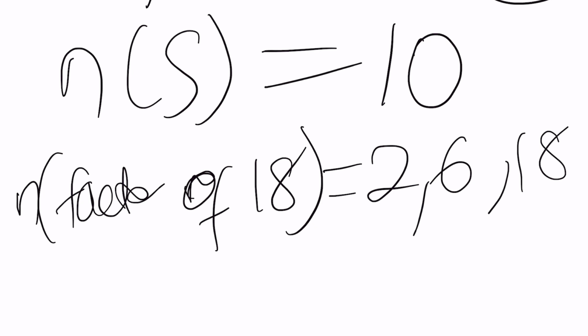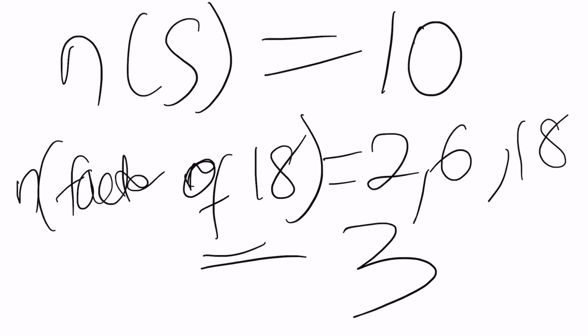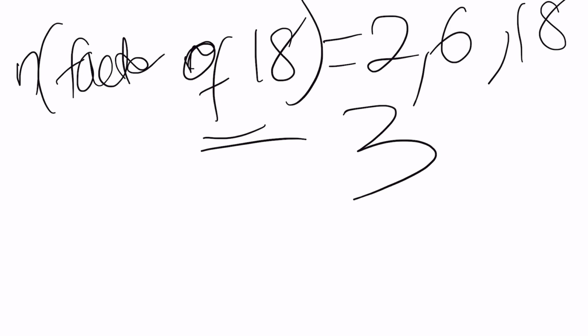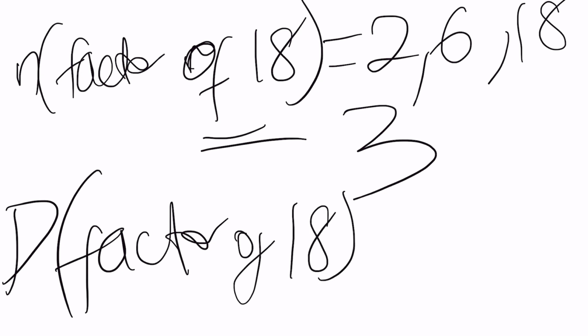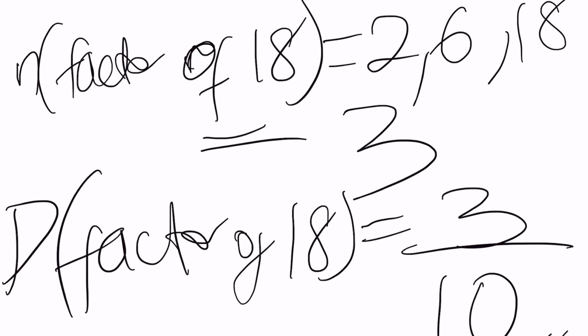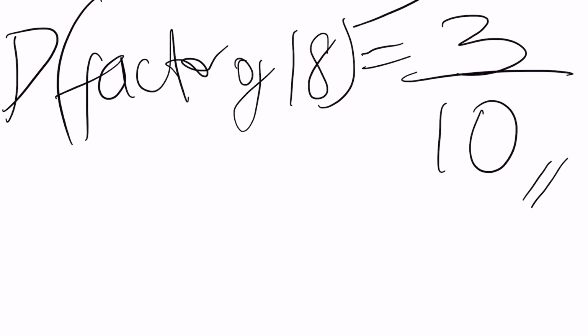So the number of numbers that are factors of 18 is 3. So here, the probability of a factor of 18 is 3/10.